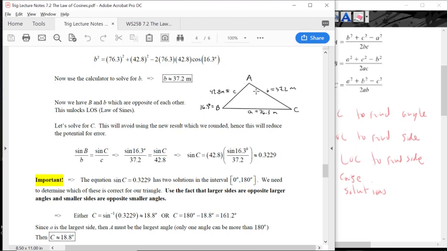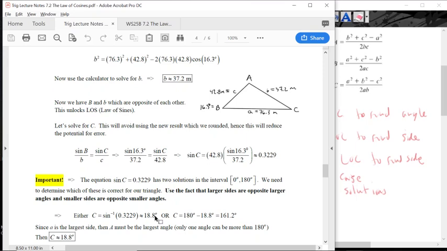Only angle A could be potentially obtuse. If any of these 3 angles are going to be more than 90 degrees, it would have to be angle A, because angle A is clearly going to be the largest of the 3 angles. For that reason, we choose the smaller angle, 18.8 degrees, for this example.